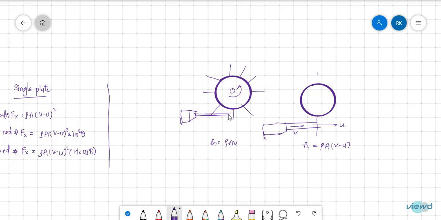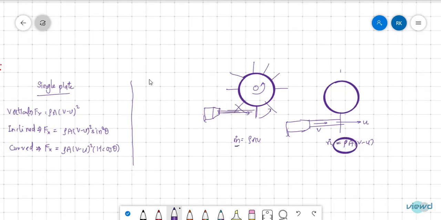In the case of a series, after this plate moves to the next position, another plate comes to this position and utilizes the rest of the velocity. So if v minus u is used in the single case, here the total v will be used. There will be no wastage of velocity. So this is the case of a series.